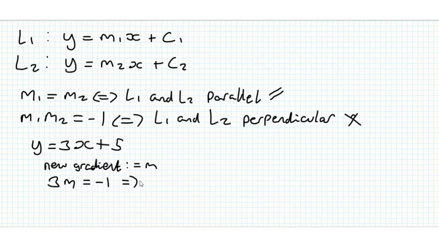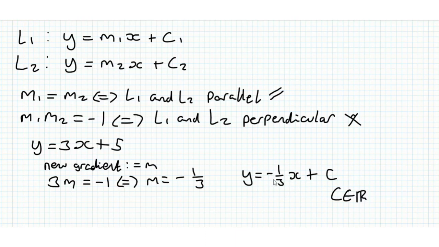This implies m is equal to minus 1/3. So our new line takes the form y is equal to minus 1/3 x plus c, and c is just some real number. And here we go, that's our set of lines which are perpendicular to this line here.